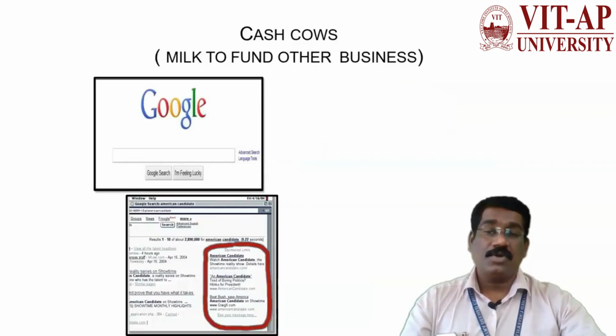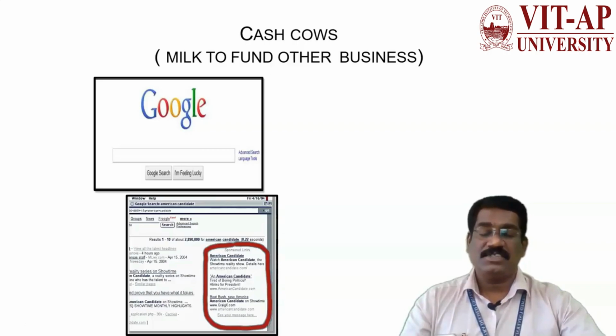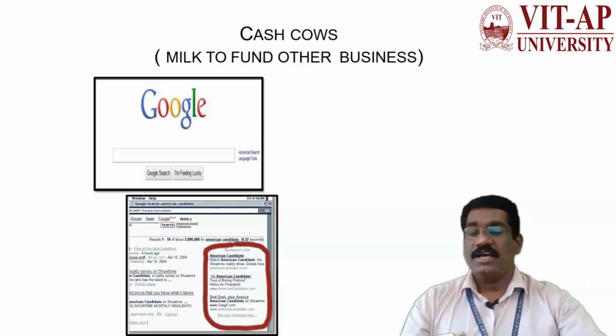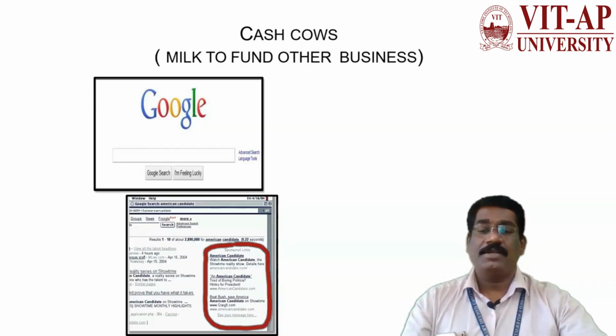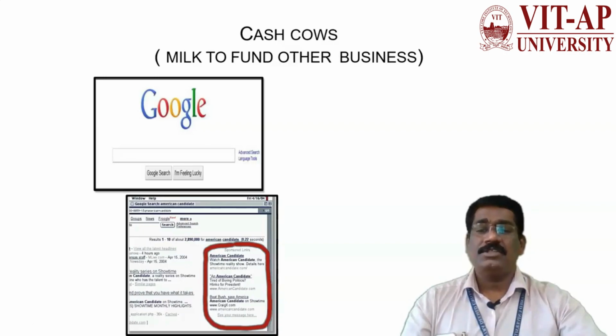Next, let us talk about the cash cow, which is milked to fund other businesses. Obviously, when you look at the Google search engine, it is a massive success, and everyone is using it. Through advertisements from corporates on the search engine, I think Google is earning a lot of money.